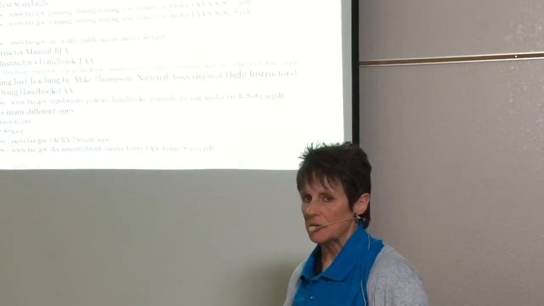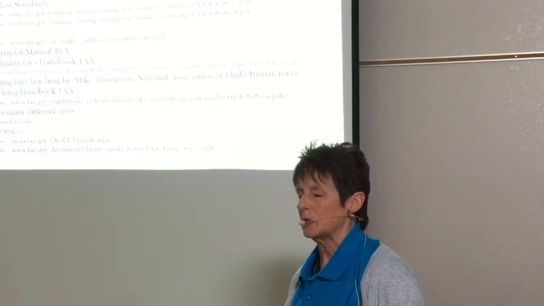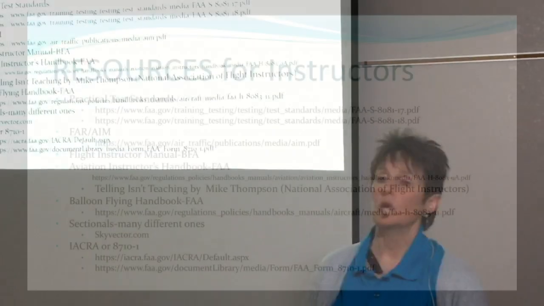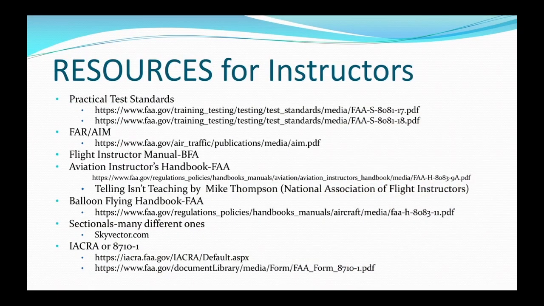They have fewer mistakes when somebody's done it through IACRA. It doesn't mean you don't have to review everything, but that's their preference. If you don't do that, at least go to the FAA website, fill out the application they have on their website because they keep on updating them and changing them and they won't accept the previous version. So go to the website, fill out the application because you can type everything in, print it out and sign it, and then we don't have to worry about whether you can read it or not either.